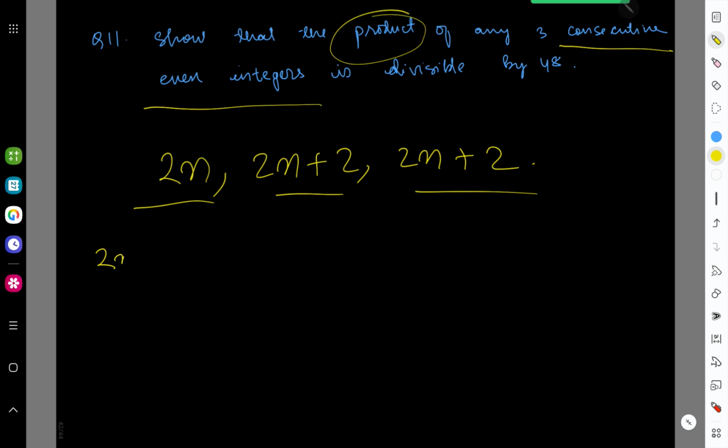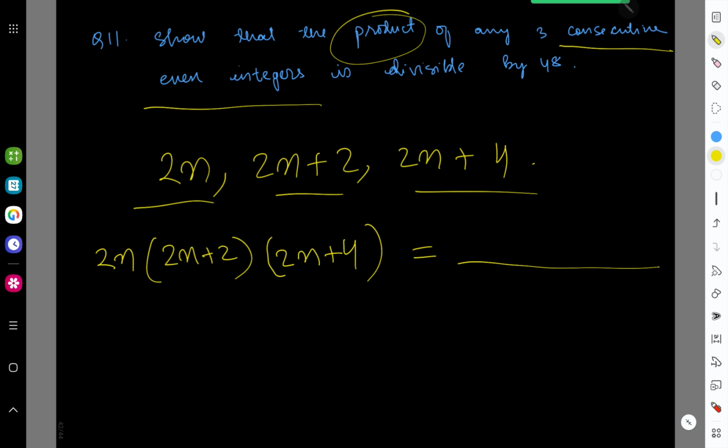So 2n, 2n plus 2, 2n plus 4. We will have to multiply this, and then we have to show that the result of this can be expressed in the form of 48. So we have to express this as 48 times something.